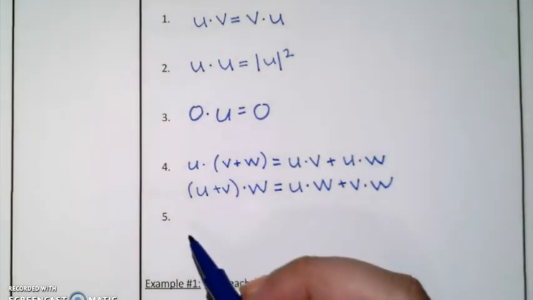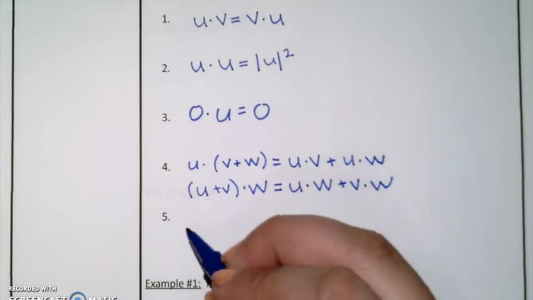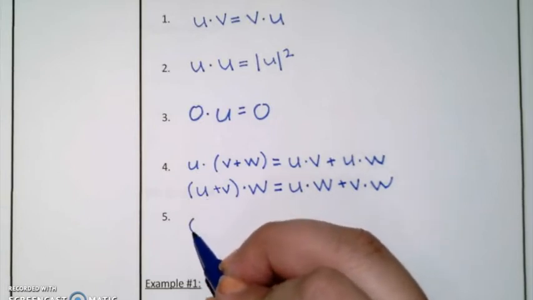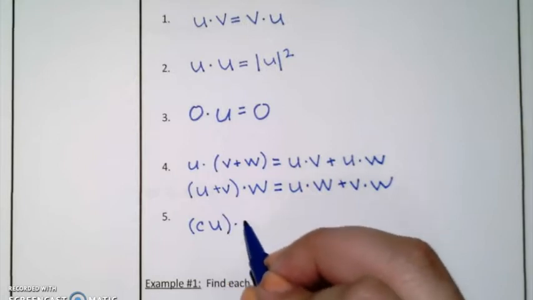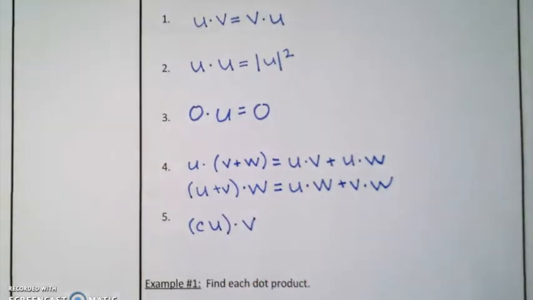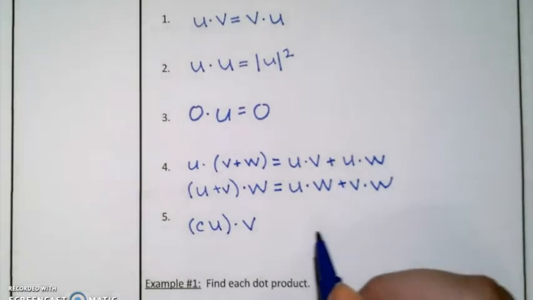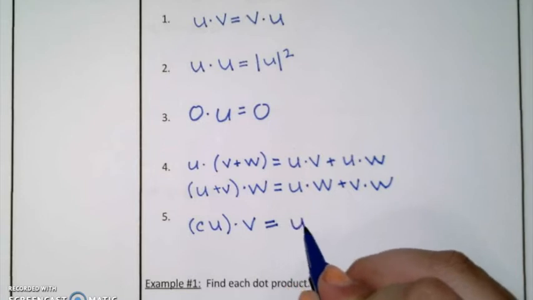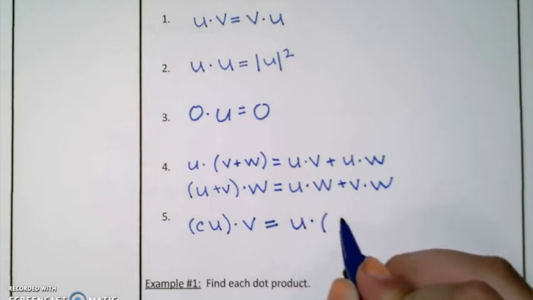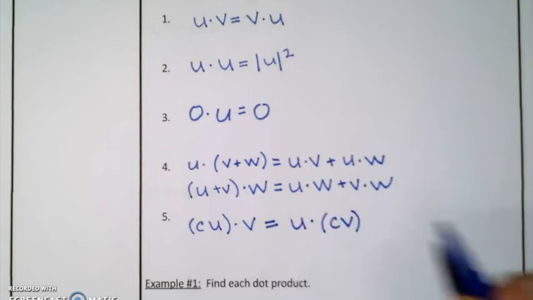All right, and the fifth and final property that we're going to talk about is that if you have a constant times a vector, and you use dot product with another vector, that's the same as if you have a vector and the dot product with the same constant times the other vector.